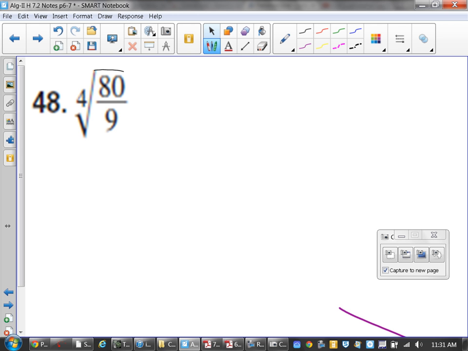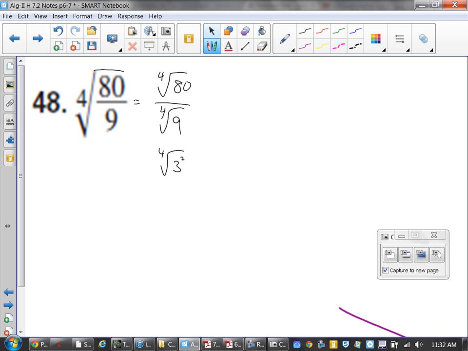So in this one here, I wind up with the fourth root of 80, the fourth root of 9. 9 can be rewritten as what? 3 squared.